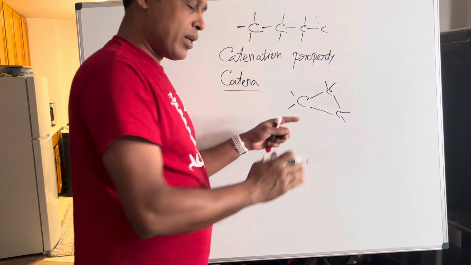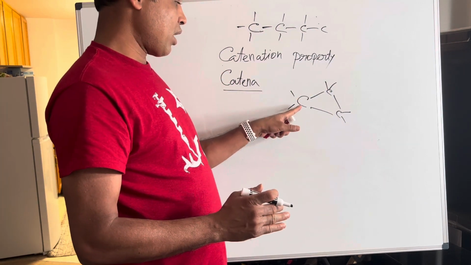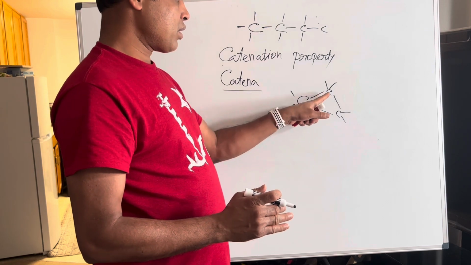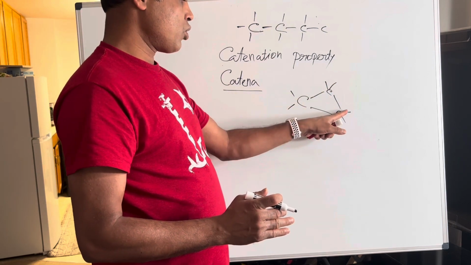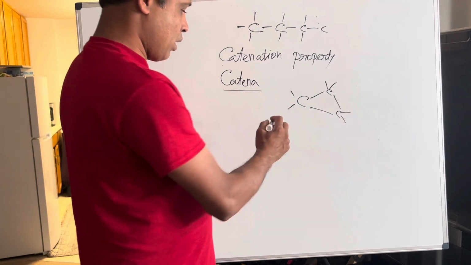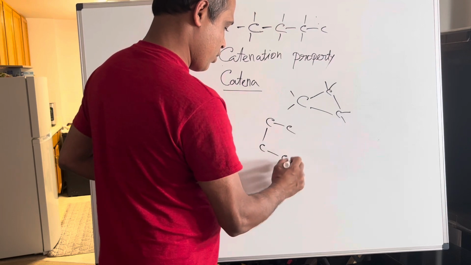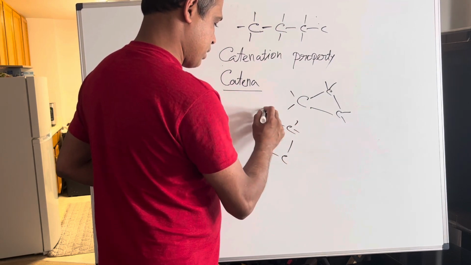But always remember that carbon should have four bonds. So this carbon 2, 3, 4. This carbon 2, 3, 4. This carbon 2, 3, 4. And you can also make a four-carbon chain, like this.